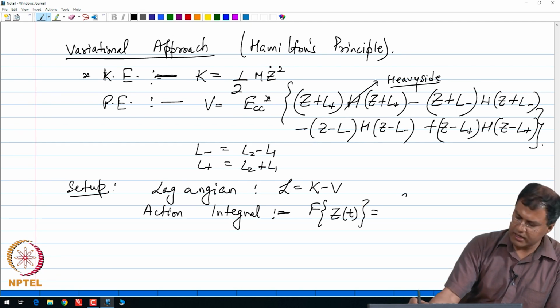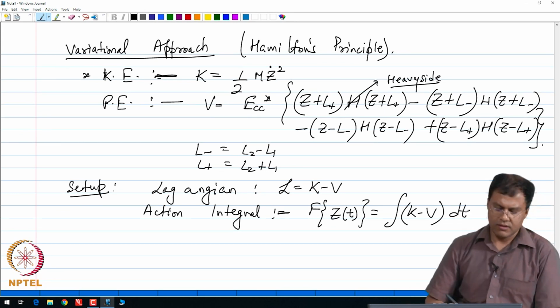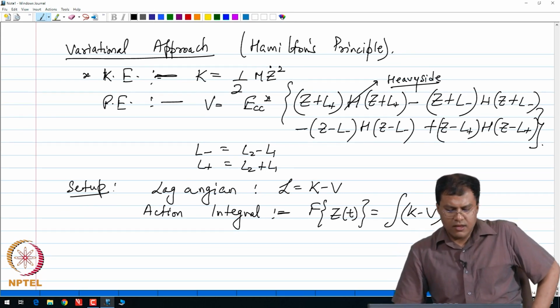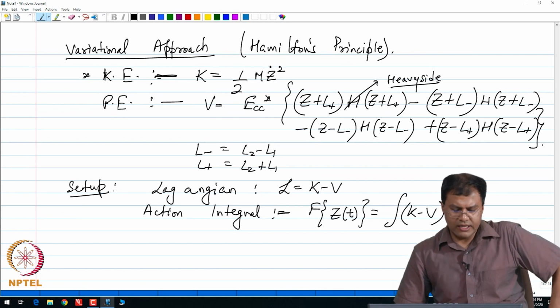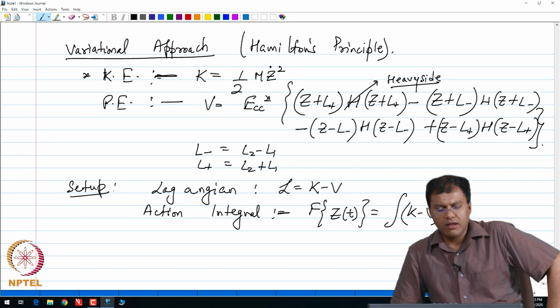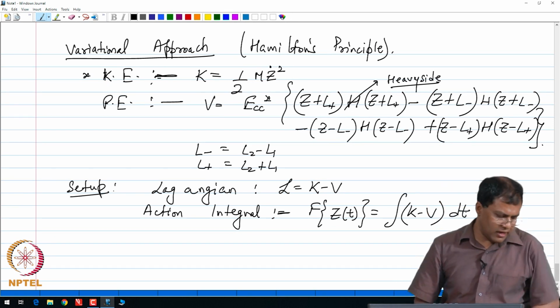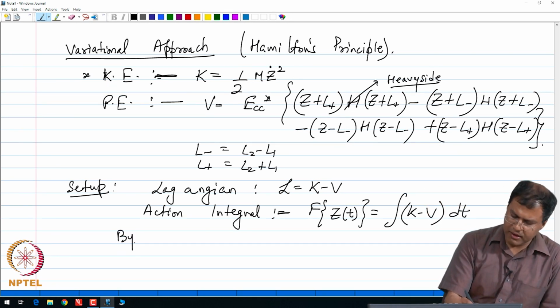My action integral is the integral of K minus V dt. Hamilton's principle says that the optimal solution to the action integral is given by the principle of least action, or the extremal of this action integral.